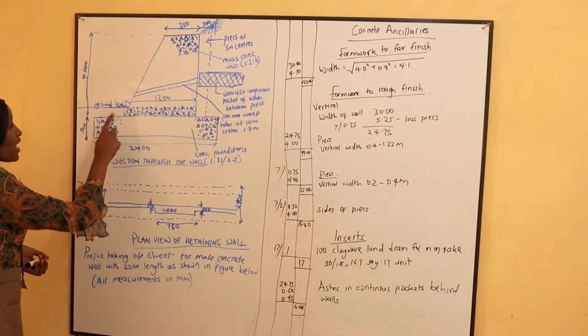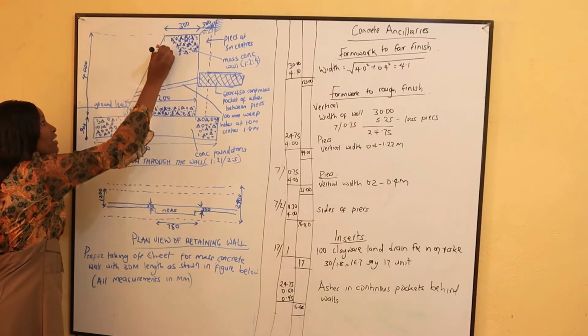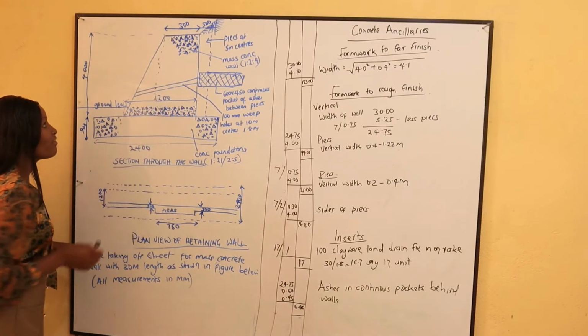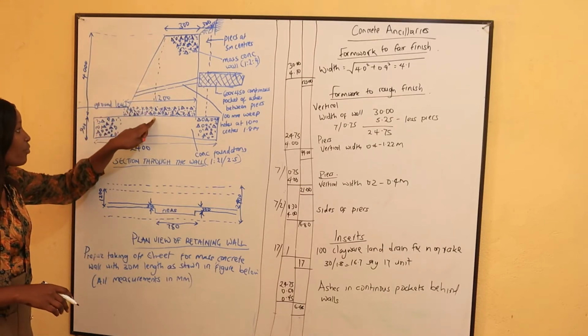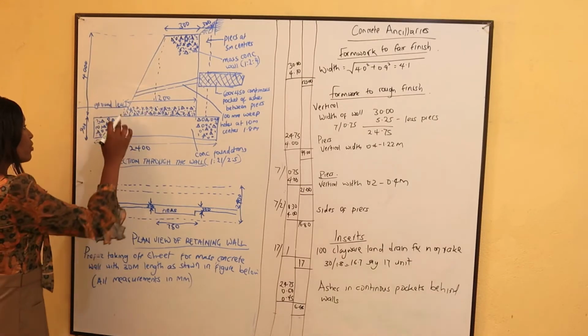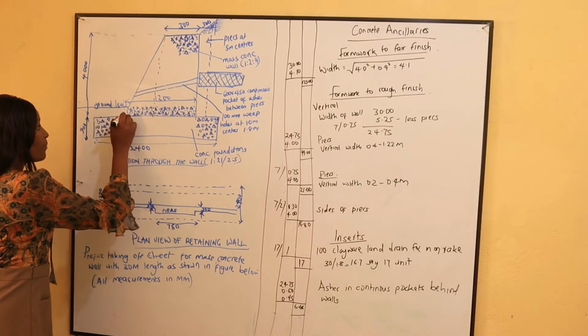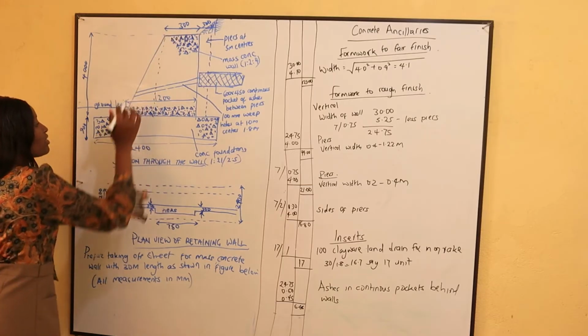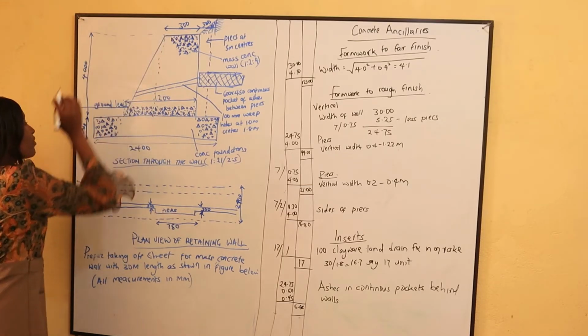Alright, so what is the hypotenuse here? If we need the hypotenuse here, we shall need the height here, the vertical height. Then once we get this vertical height and the distance from here to here, first of all, what is the distance from here to here? It's 1200 minus 300. We shall get 900. Then the height from here to here is this 4000.